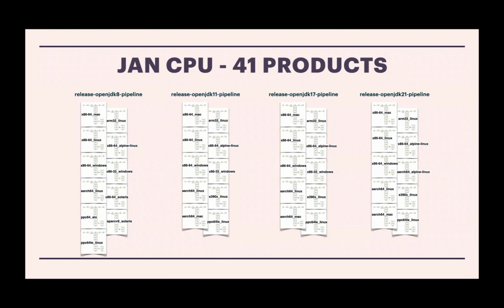Just to get an idea then, the diagram on the previous slide was representing one single product, and for the January CPU, we delivered 41 products. So multiply that diagram of the several hundred thousands of test cases running times 41 products. So that's JDK 8, 11, 17, and 21 for January.